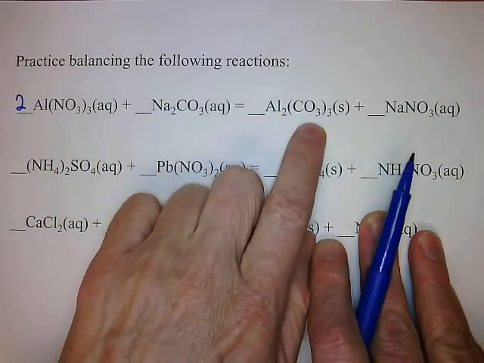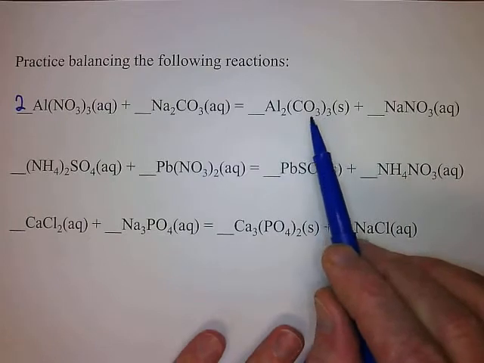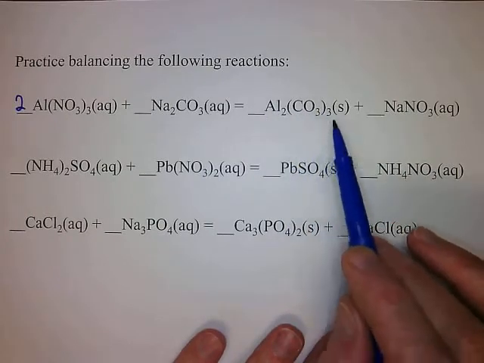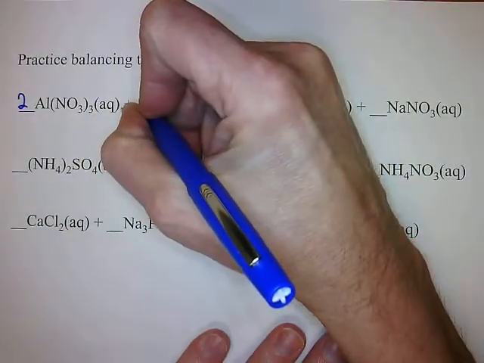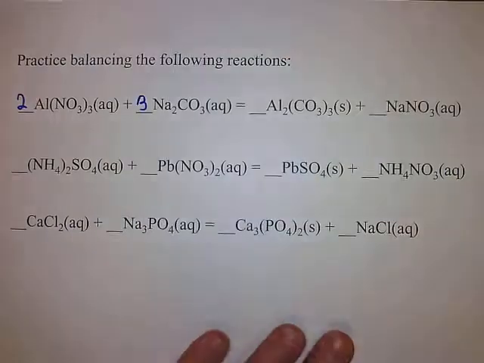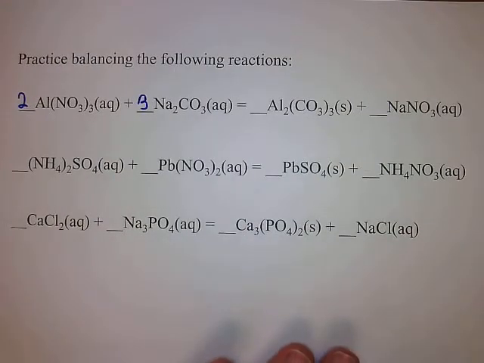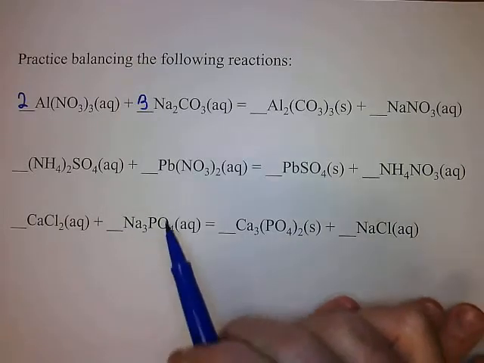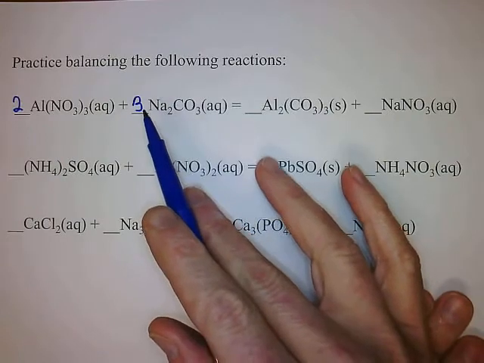Now what about the carbonate? We have 3 carbonates in Al2(CO3)3, so we're going to put a 3 in front of the sodium carbonate. That 3 operates on the whole formula.